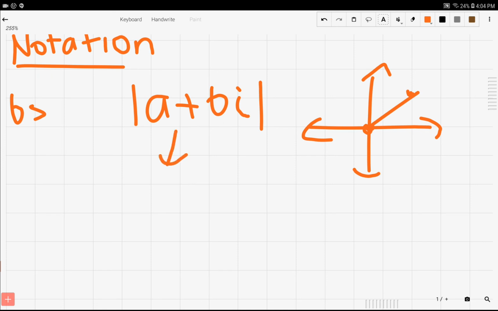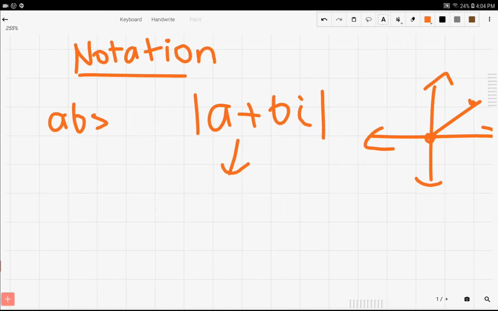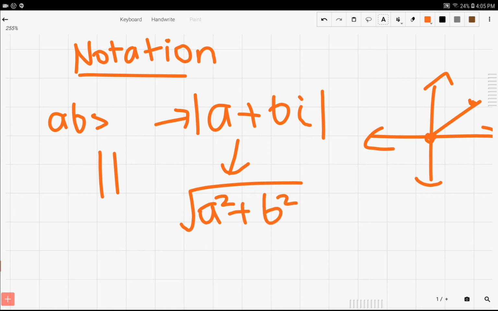Using the Pythagorean theorem, we have that the magnitude, which is what this is officially called, these two bars of a plus bi, is the square root of a squared plus b squared. So you don't want to say absolute value actually.